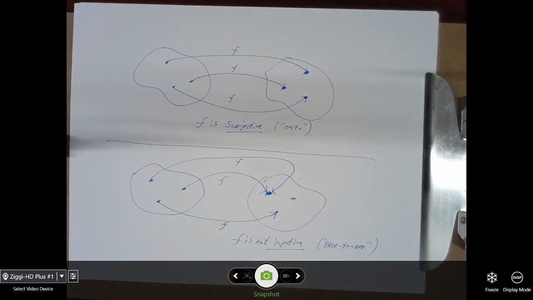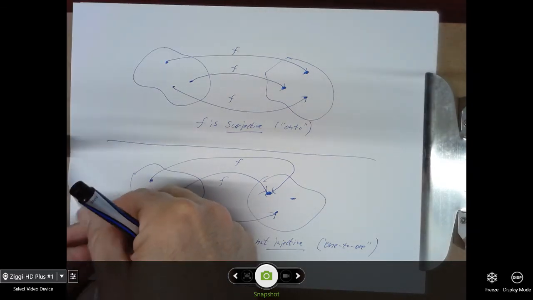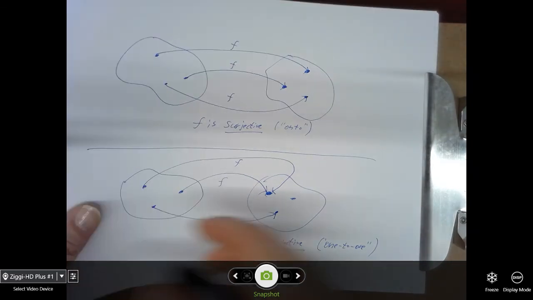So these are our 2 main categories of functions: surjective versus non-surjective, injective versus non-injective. And let me give you some math to go with this, and then we'll look at some examples.